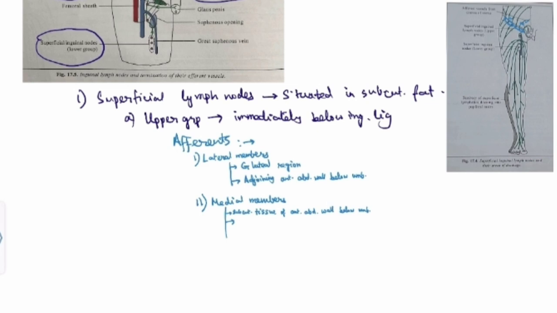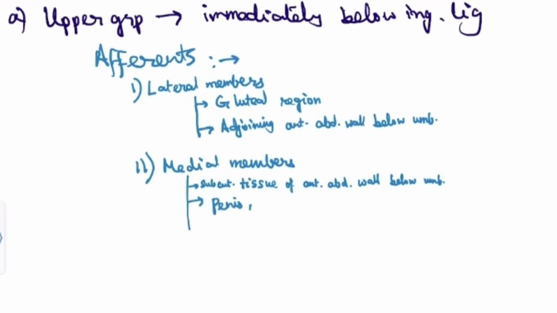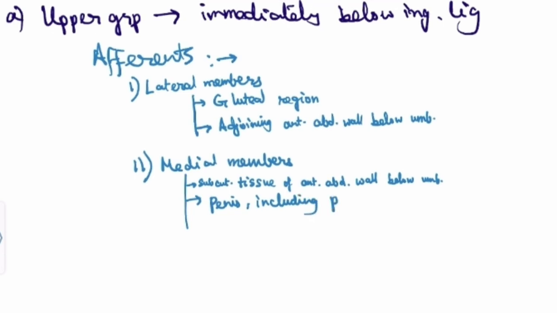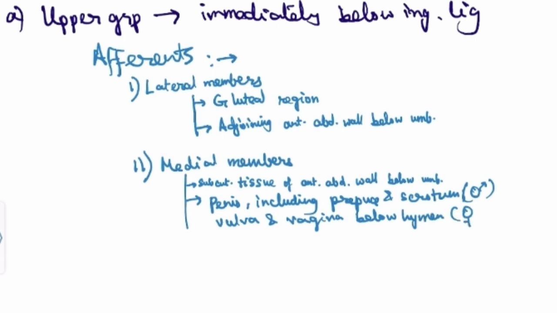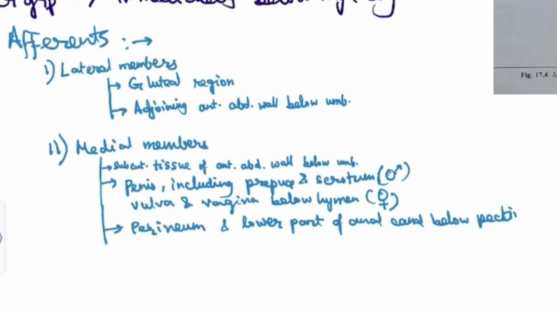Then you have the penis, including the prepuce and scrotum in males, and the vulva and vagina below the hymen in females. You have the perineum and the lower part of the anal canal below the pectinate line.